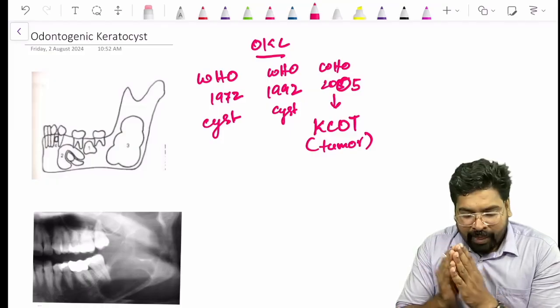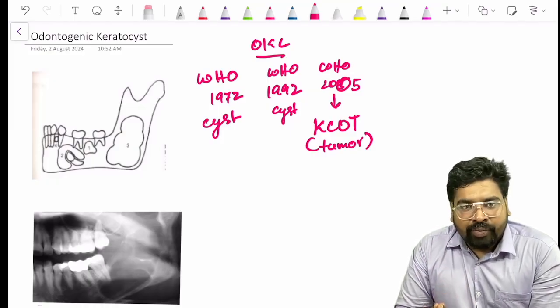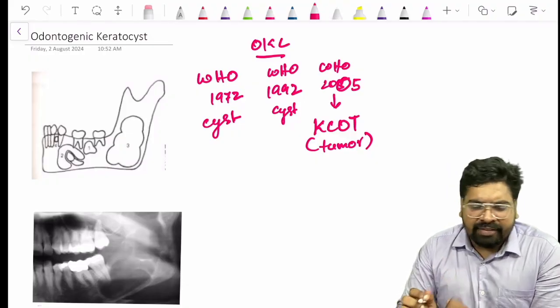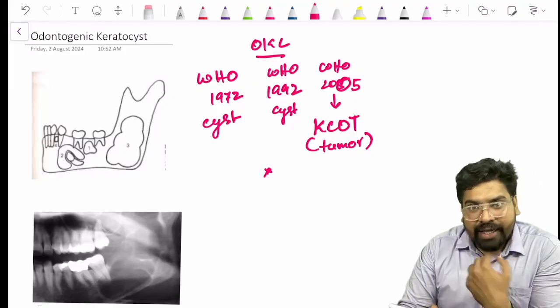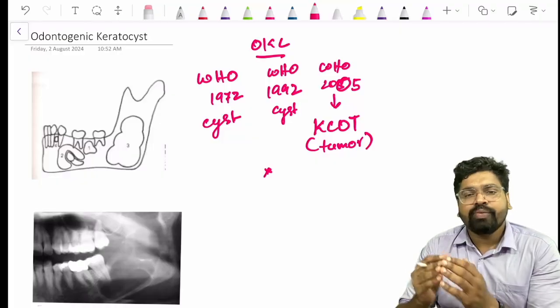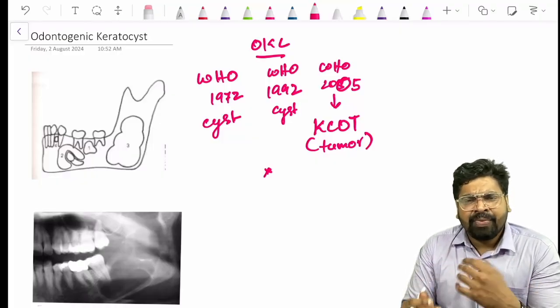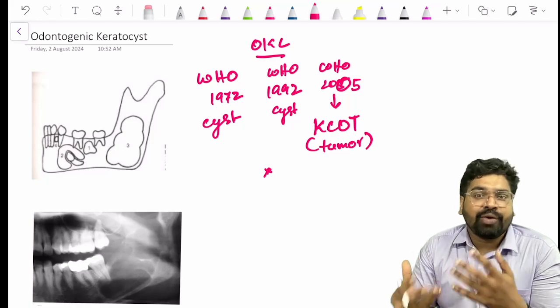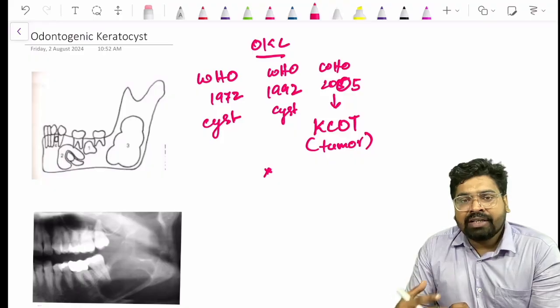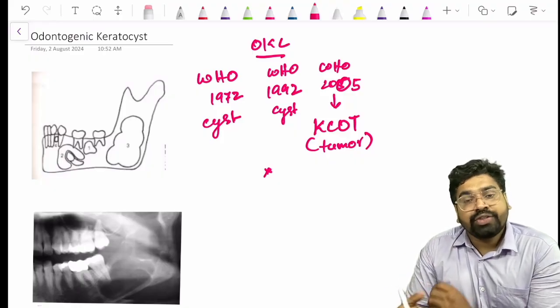So why did they call it a tumor? The main reason, please remember, is that they found a mutation in this, and usually a tumor has mutations. Tumor is caused by mutation. Cyst has no much relation with gene mutations. You may have seen that developmental anomalies as well as tumors occur due to gene mutations.